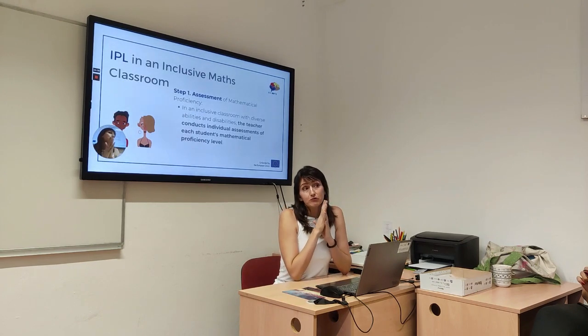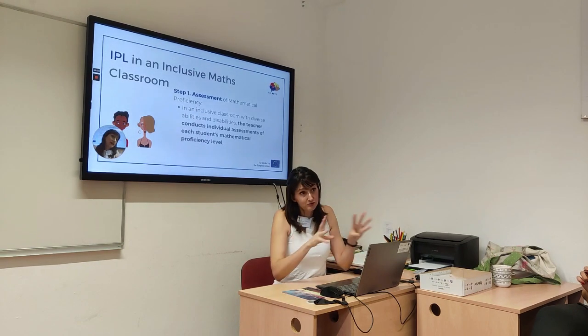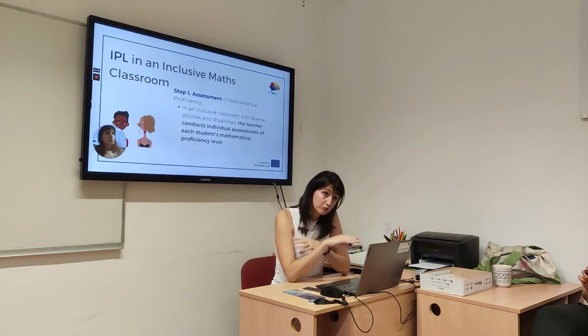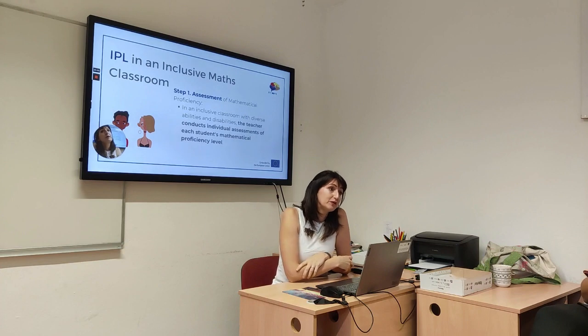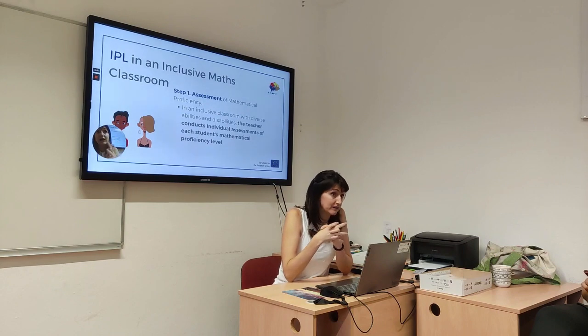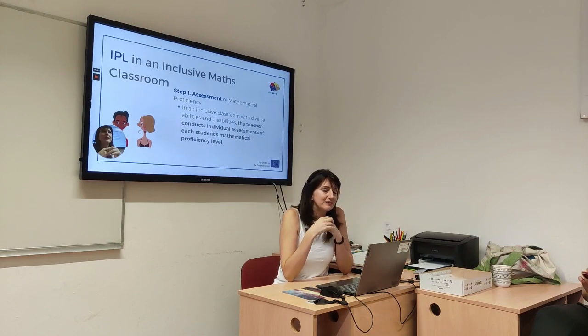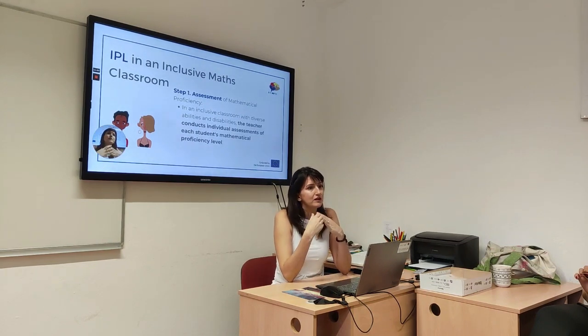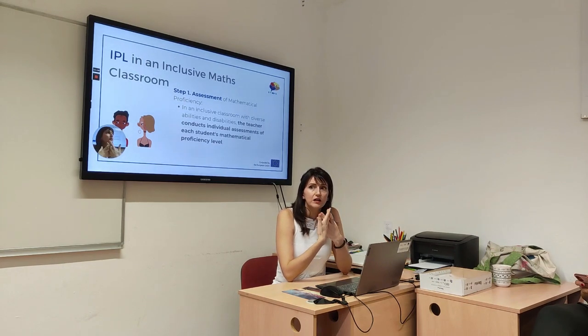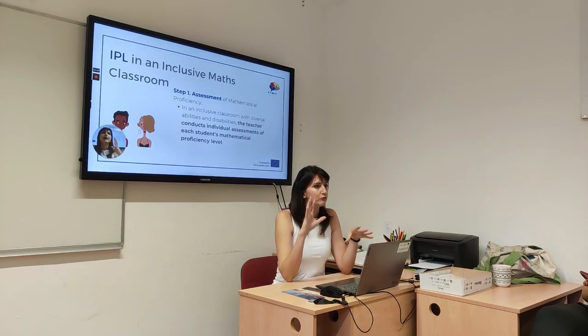So, in an individualized learning path classroom or a task done through this method, the first step is always assessment. You always have to assess the base level of your students, more or less. Assessing, at least to me, is really difficult because I always try to avoid dichotomies or black and white thinking.